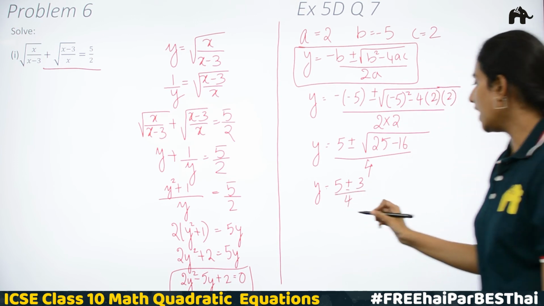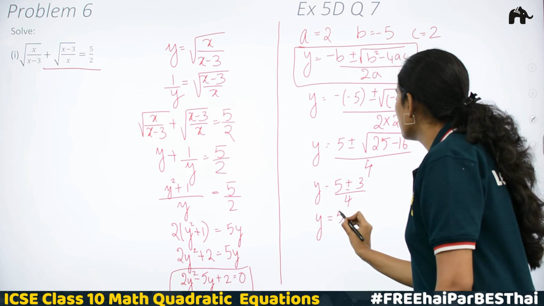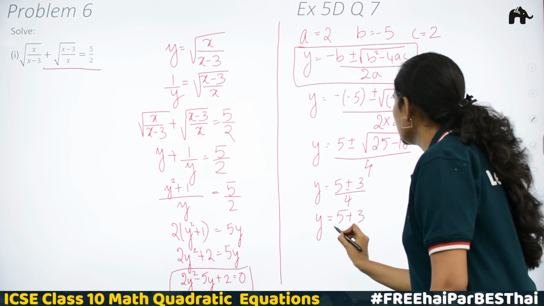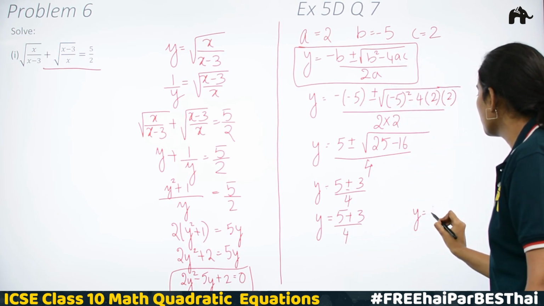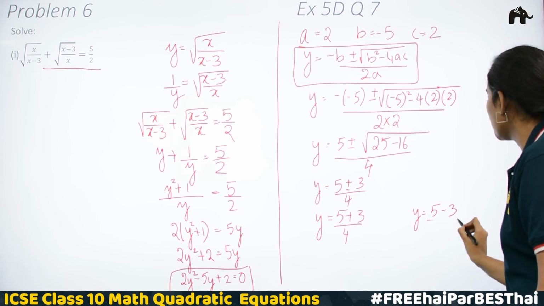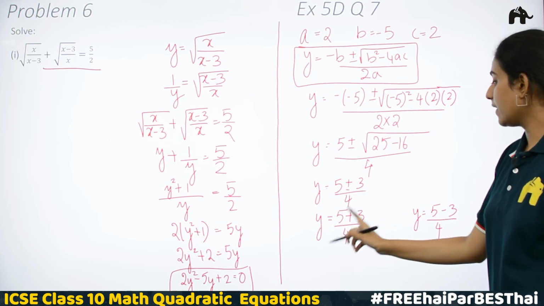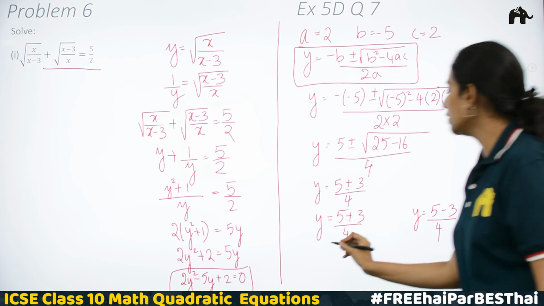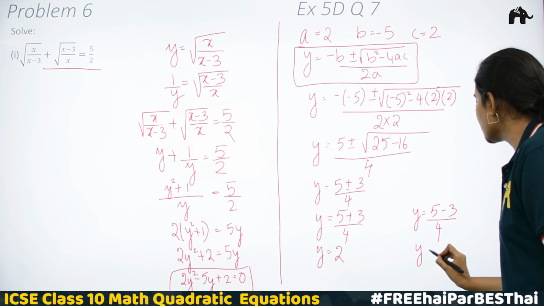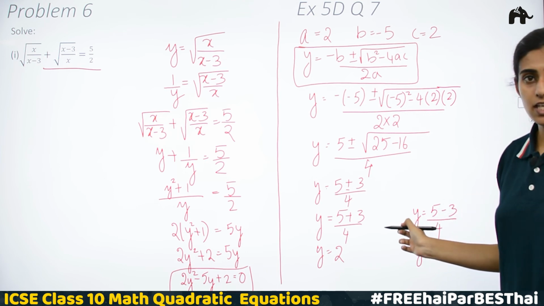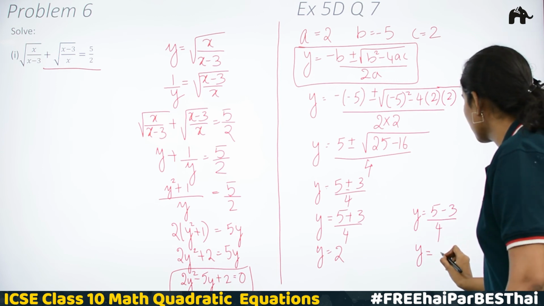Possible values of y. y is either equal to 5 plus 3 by 4 or y is equal to 5 minus 3 by 4. 5 plus 3 by 4, that is 5 plus 3, 8, 8 by 4, 2. y is equal to 2 or y is equal to 5 minus 3, 2, 2 by 4, 1 by 2.